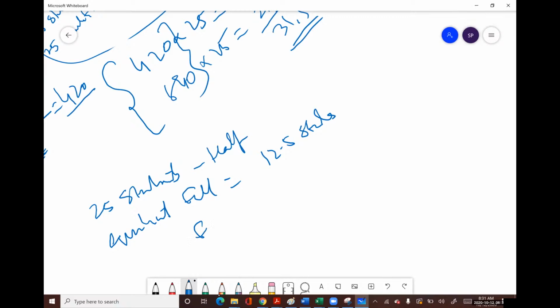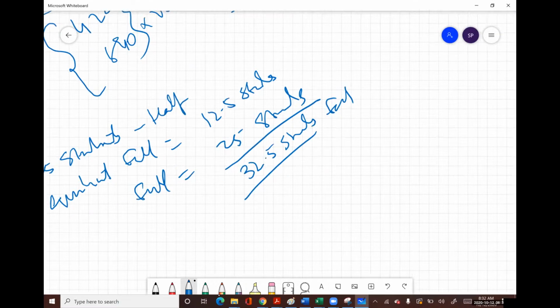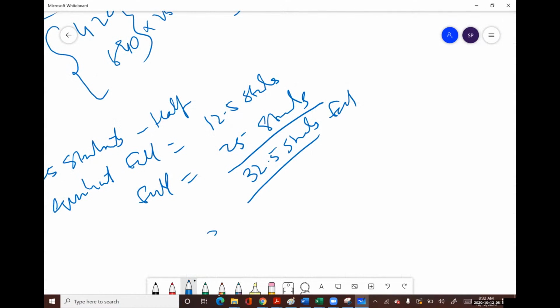And full students are 25. So total 37.5 students, equivalent to full students. So what is the cost? 31,500 divided by 37.5.